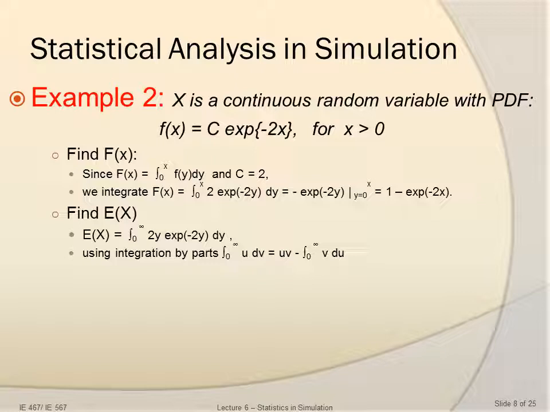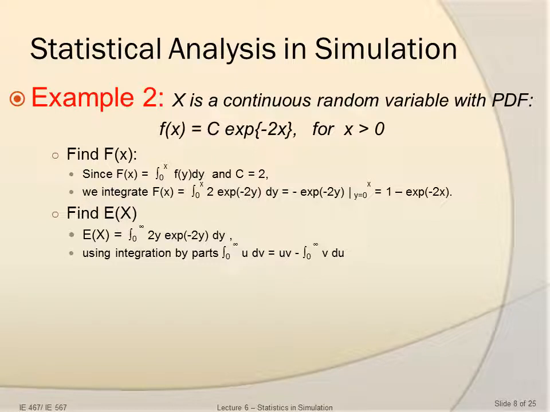So for this specific case where we integrate from 0 to infinity, the integration by parts rule says that if we have two functions u and v, we can then compute the integral of u dv from 0 to infinity as u times v evaluated at 0 and infinity, minus the integral from 0 to infinity of v du.